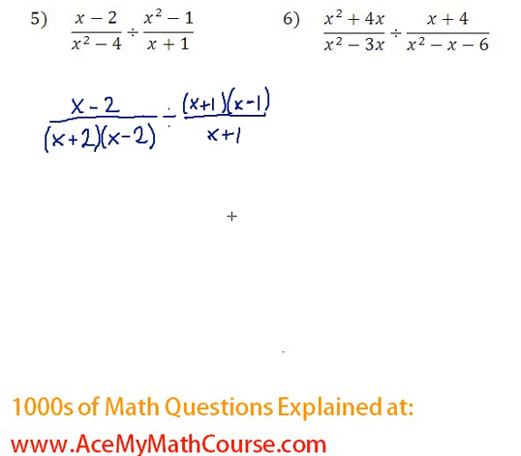And right now, what I'll do is change this division into multiplication by flipping the second fraction. So the first one just remains the same. And by the way, I can always do that whenever I'm dividing fractions. So this becomes multiplication, and this will be flipped.